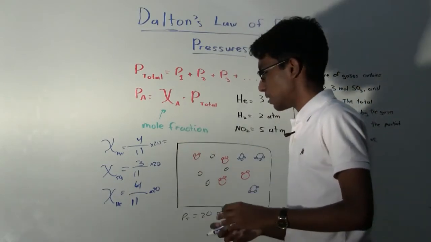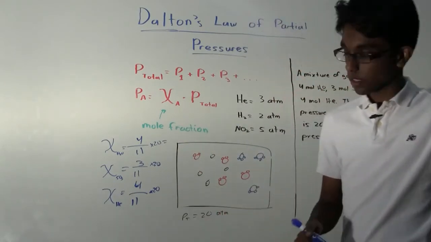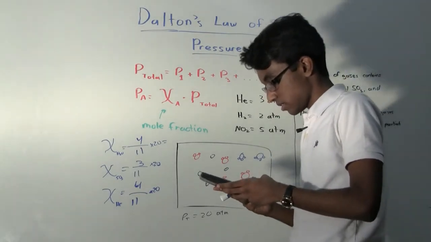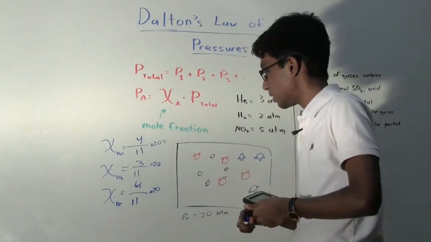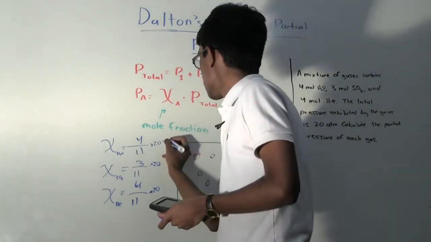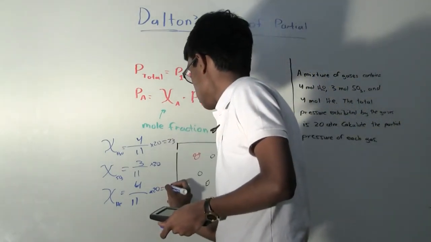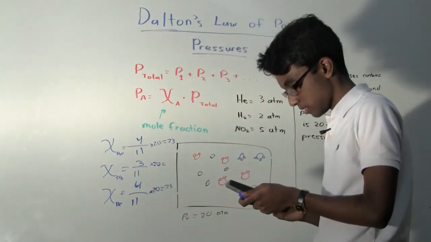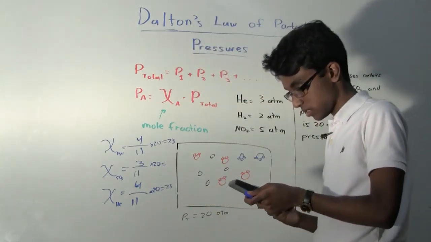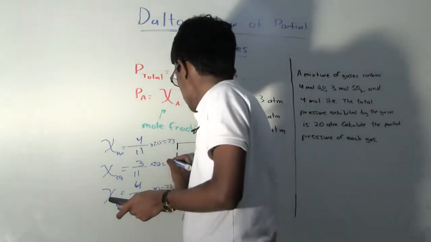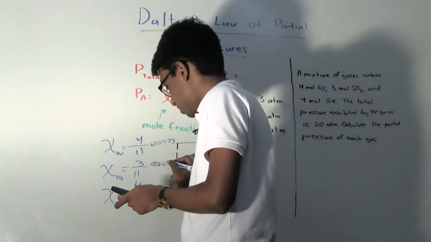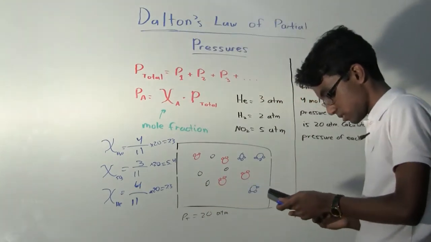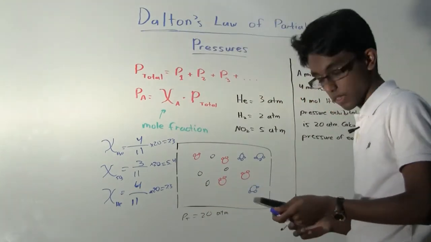And 4 divided by 11 times 20 is going to be 7.3. Here also it'll be 7.3. And then here it's going to be 5.4. All right.